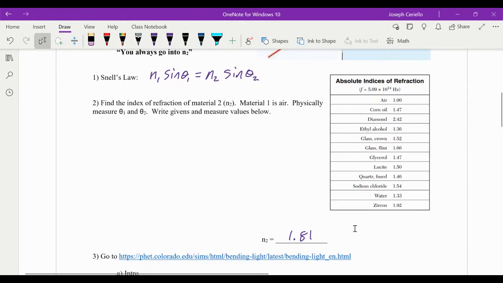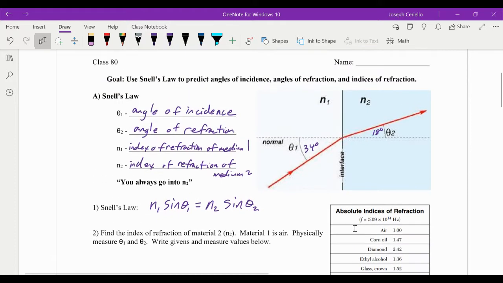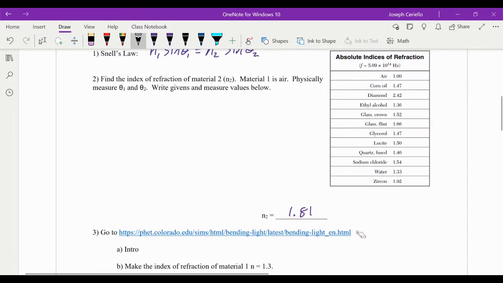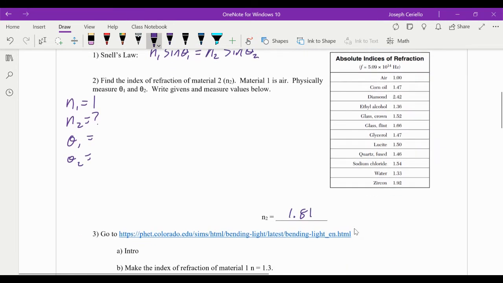So we're going to find the index of refraction of material 2 here. We're going to assume that material 1 is air. So n1 equals 1, because it's air. n2 is our unknown. Theta 1, theta 2, let me just double check what those are again, 34 and 18.